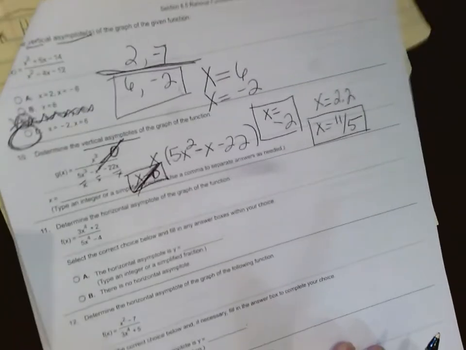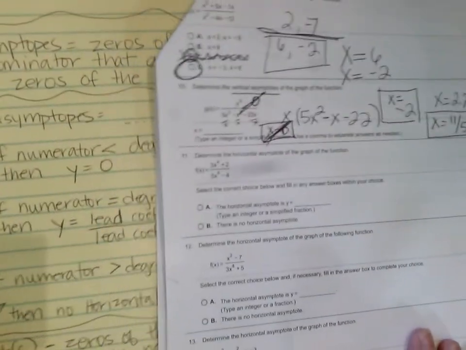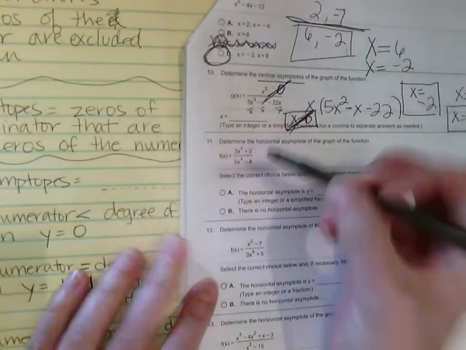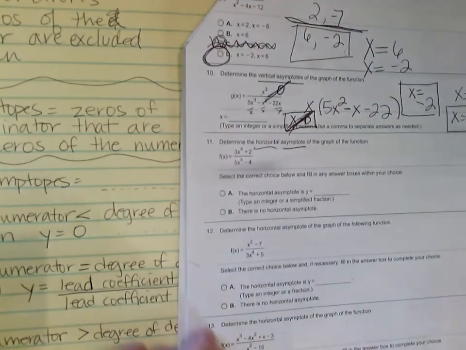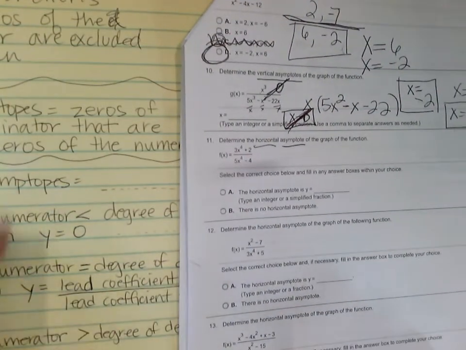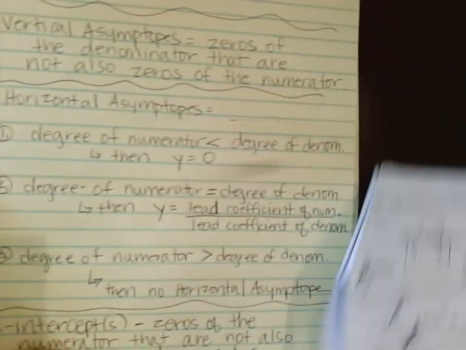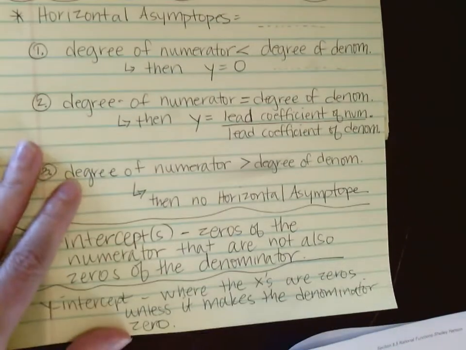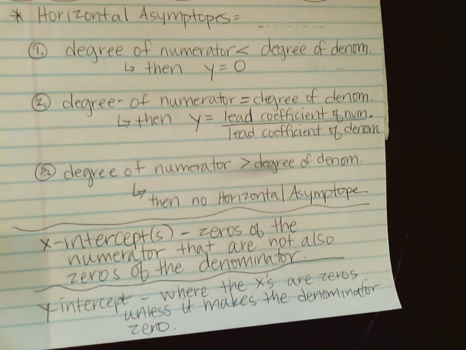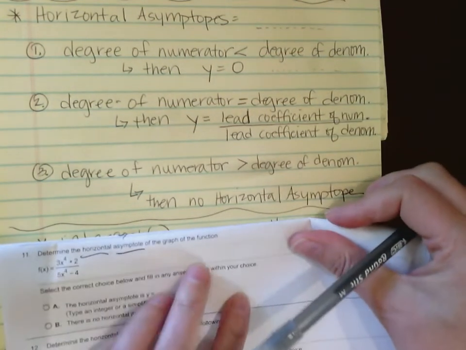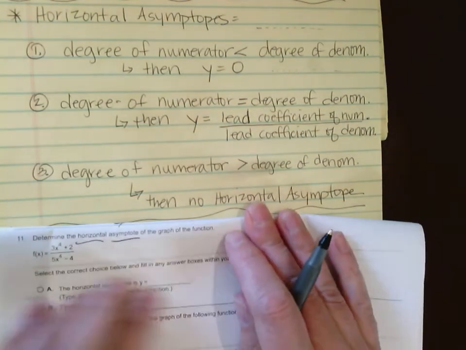All right, number 11. The next few problems are talking about horizontal asymptotes. Okay, this goes by this chart. All right, so there's my horizontal asymptote chart. So let's see what number 11 is asking us. Number 11 says, determine the horizontal asymptote of the graph.